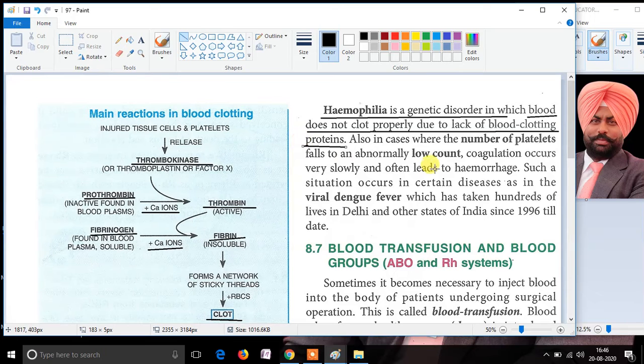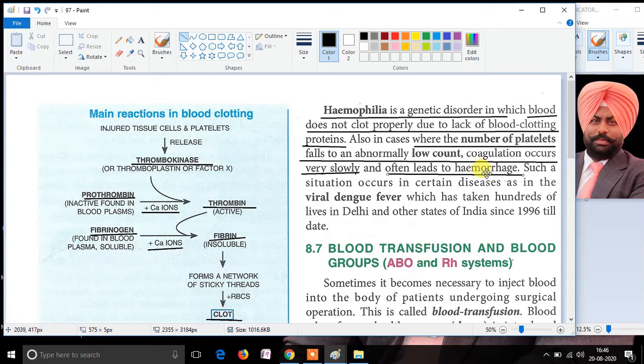Here, one more thing we have to remember: if the number of blood platelets in the body decreases, then also coagulation occurs very slowly, meaning blood clotting occurs very slowly, and this often leads to a condition called hemorrhage. Here, the count of blood platelets is less, and because of the fewer blood platelets, the coagulation is slow, and the condition is called hemorrhage.